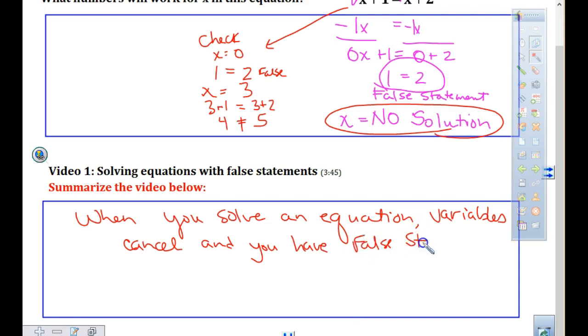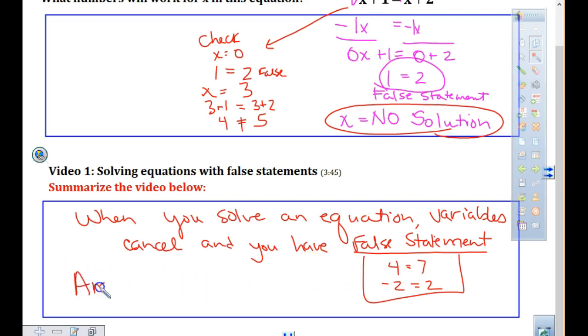A false statement can be just two numbers that are not equal to each other, right? Whenever we have a false statement, like 4 equals 7, negative 2 equals 2, 0 equals 4, anything that is false, our answer is always going to be x, or whatever our variable is, equal to no solution.